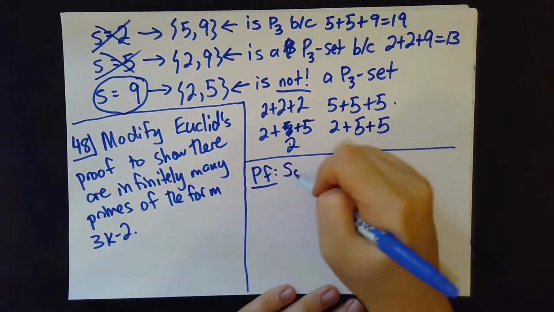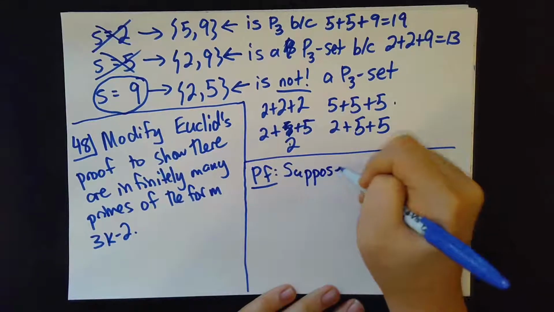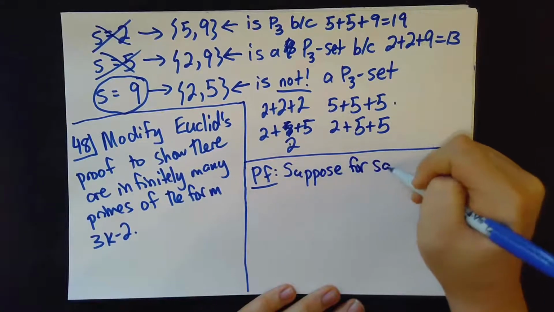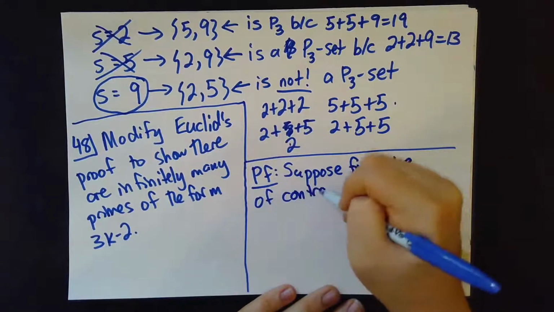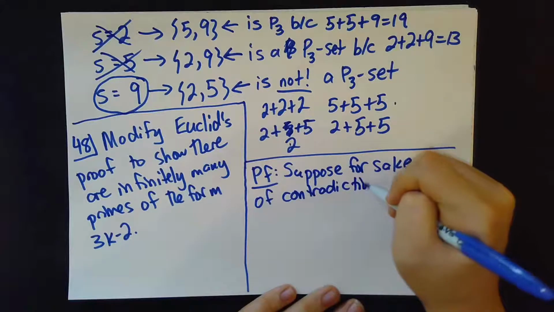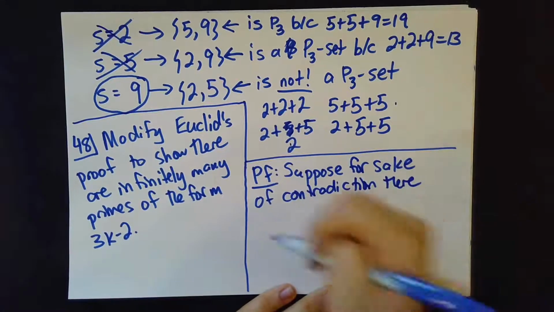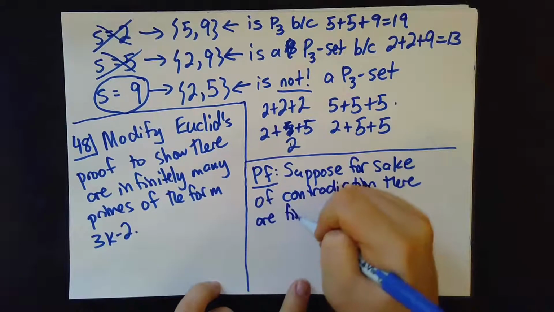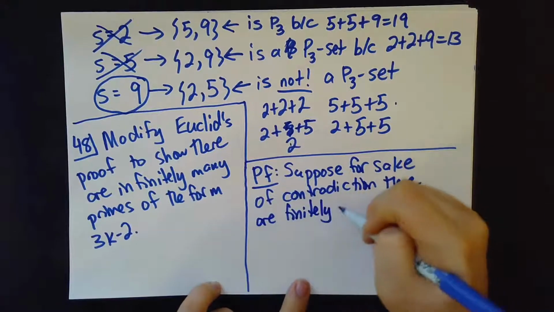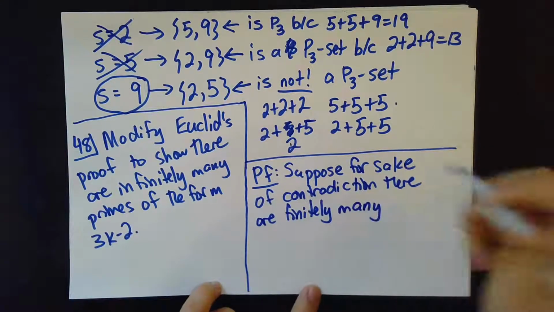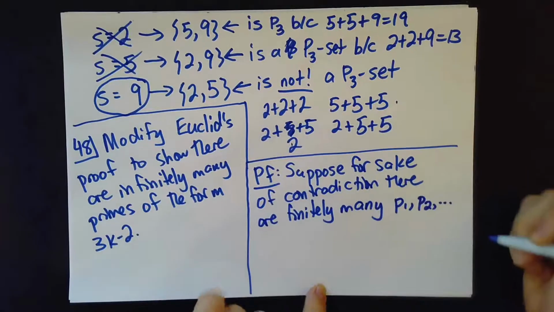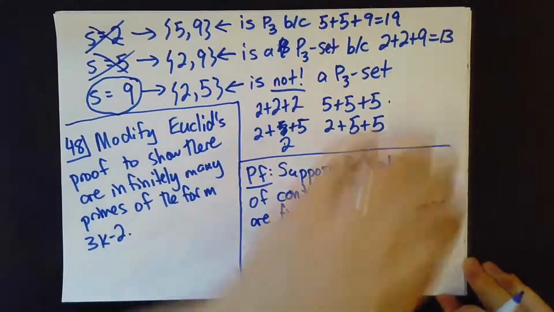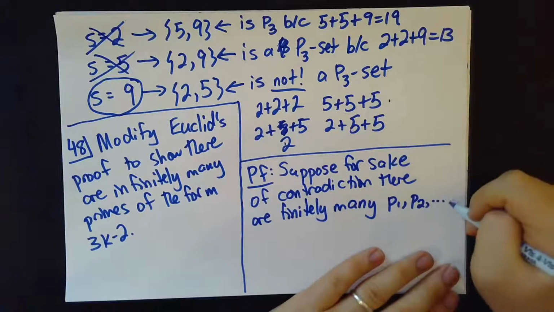So suppose for sake of contradiction there are finitely many. Call them P1, P2, up to Pn, say.